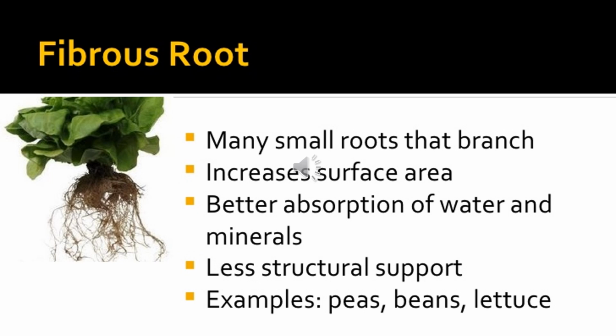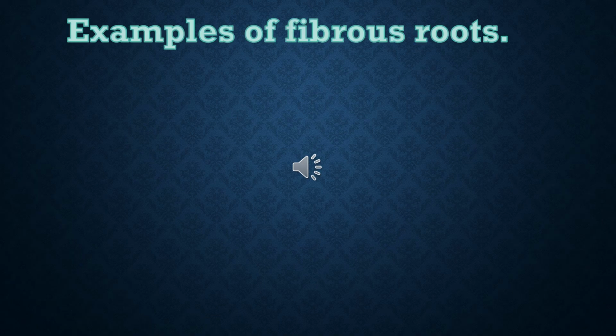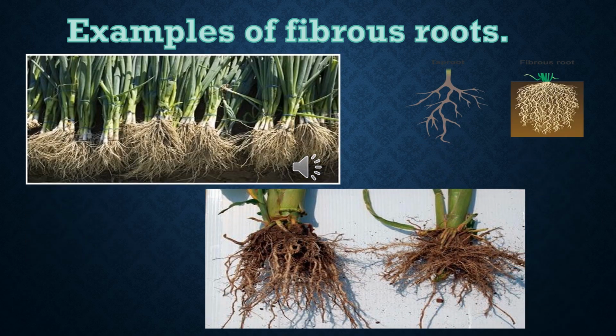Many small roots that branch increase surface area, giving better absorption of water and minerals, but less structural support. Here you can see examples of fibrous roots.